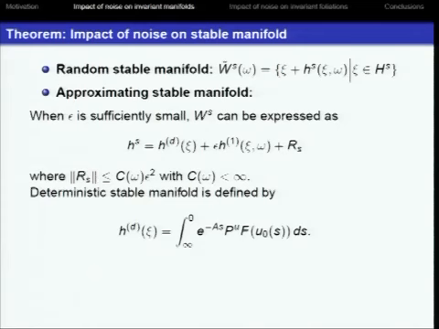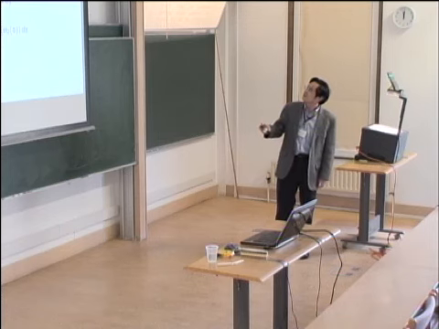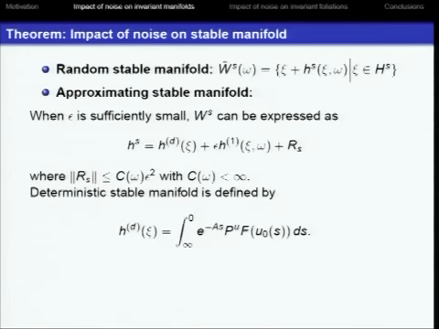Okay. Now, the second part of the theorem says that in this case we have an invariant manifold, which can be described as a graph over the stable part. Now, the unstable manifold will be a graph on the unstable space. Here is the graph on the stable space. Now, what's the impact of noise when noise is small?